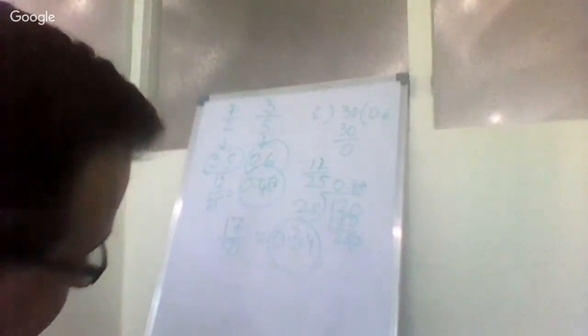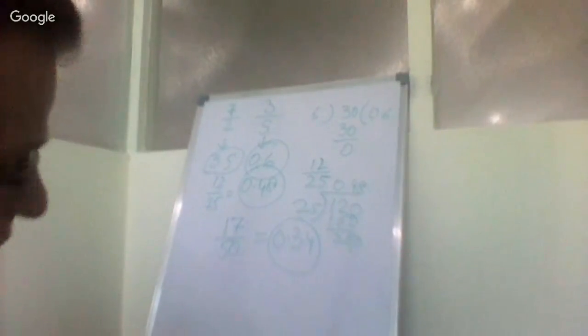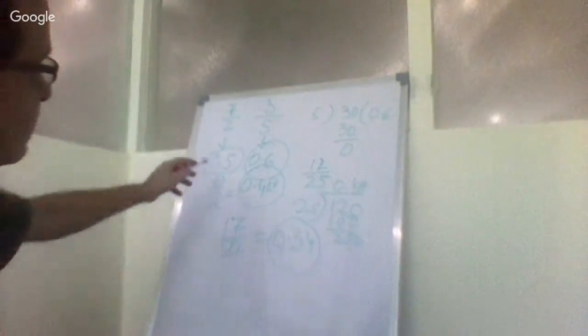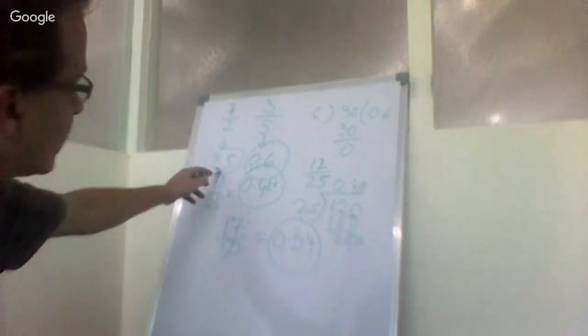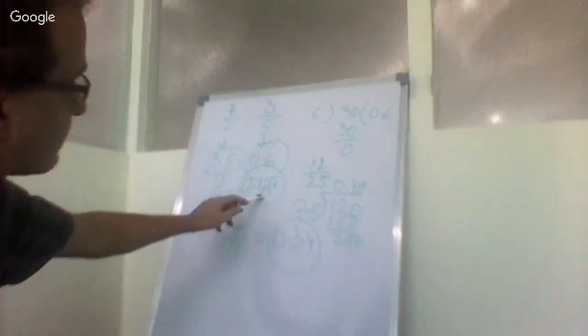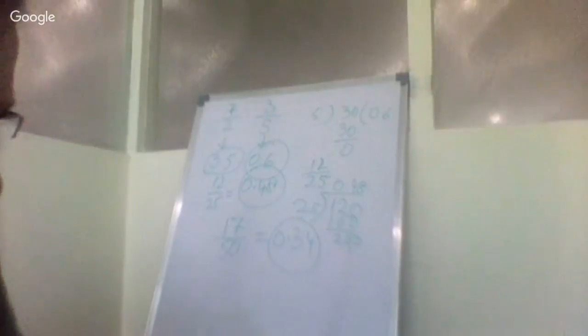So all these fractional numbers, when represented as decimals, always terminate. Such numbers are known as terminating decimal numbers.